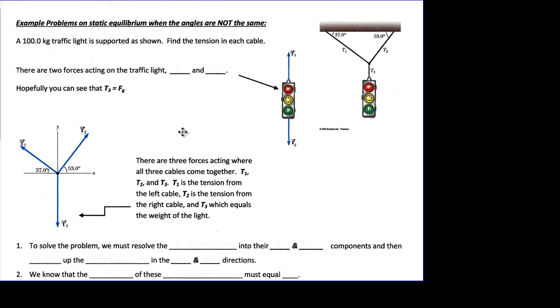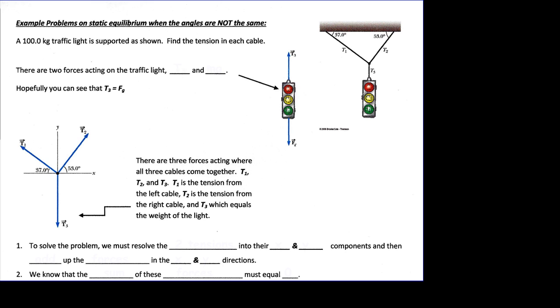So moving on. What you're going to see in this problem is the angles of this object hanging are different. In every problem that we did, the angles were always identical. And because they were identical, that meant that the tensions in the y direction were always equal to each other.